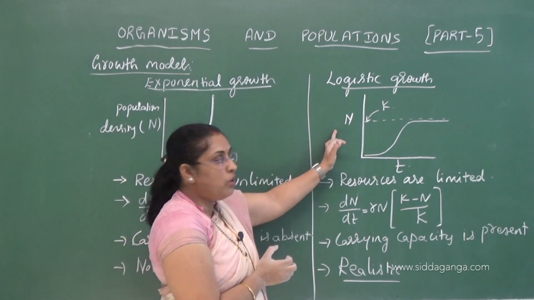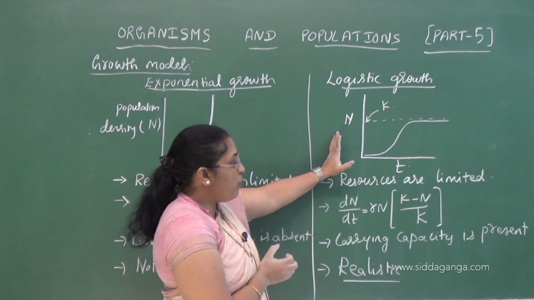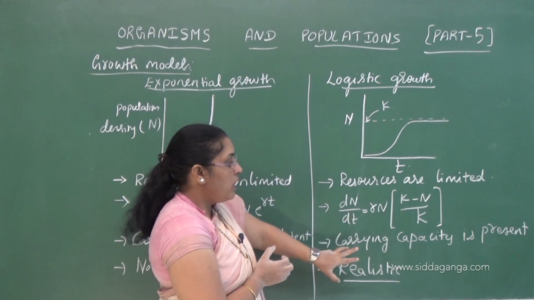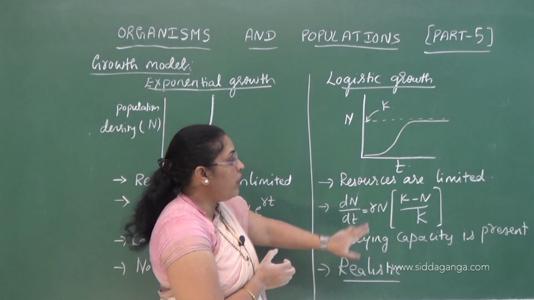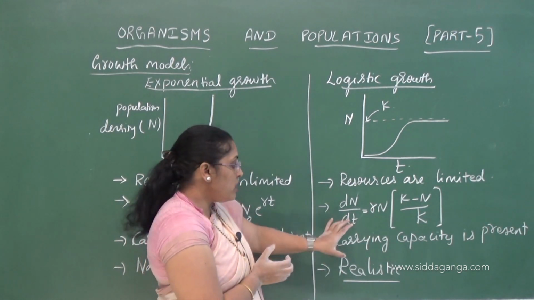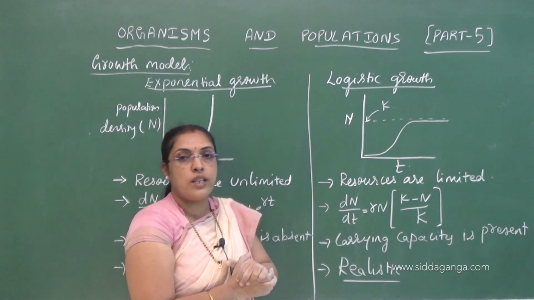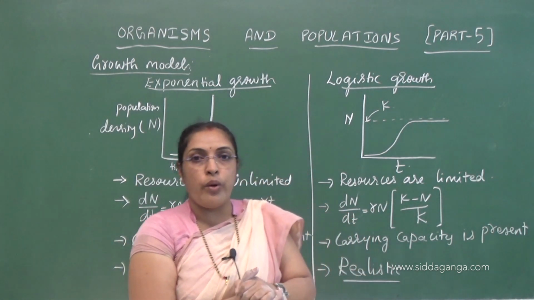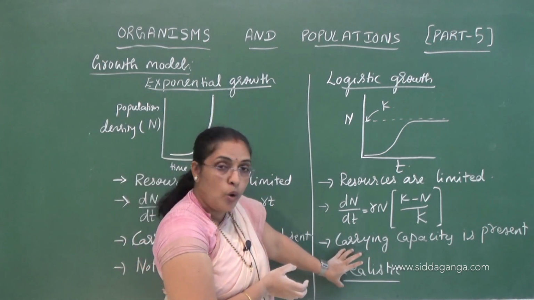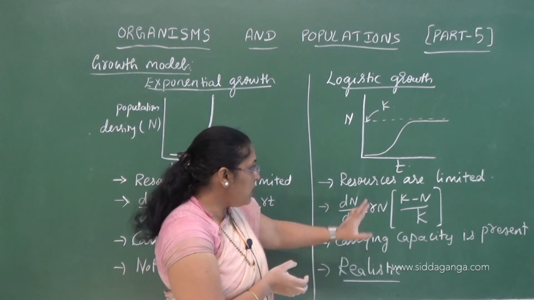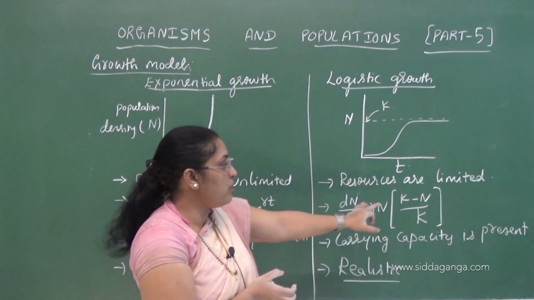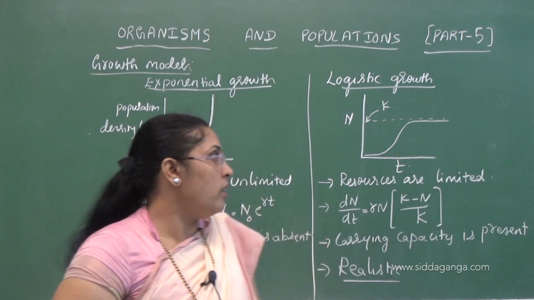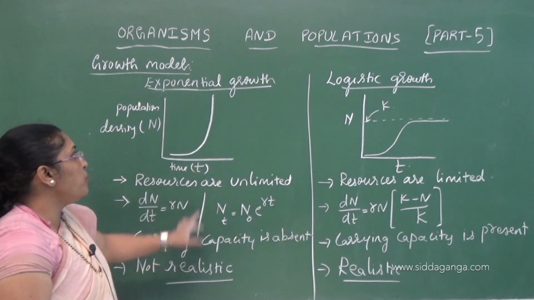Whereas in logistic growth we see this type of growth model when resources are limited, and carrying capacity is very important, because nature's carrying capacity has some resources that support the survival of species, and it is more realistic. Understood? This is about the difference between logistic and exponential growth.